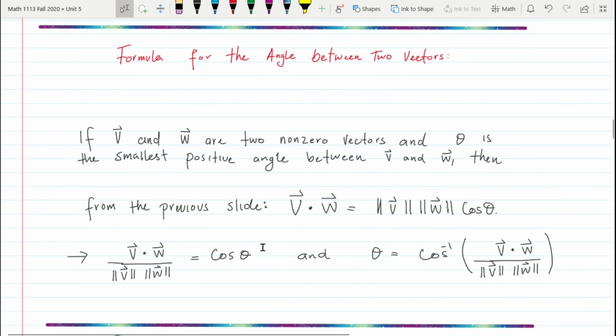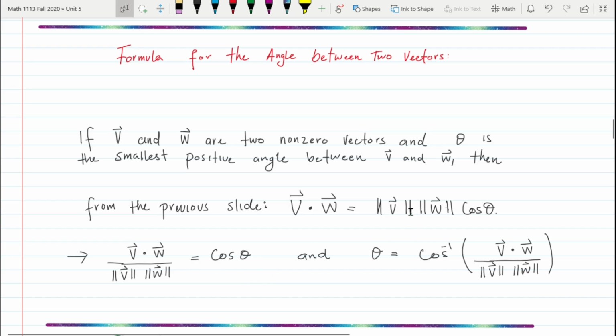Now, since you noticed in the previous formula there is a theta, that means that we could solve and figure out what is the angle between these two vectors. So, given the same information, here's the formula. Let's solve for theta.